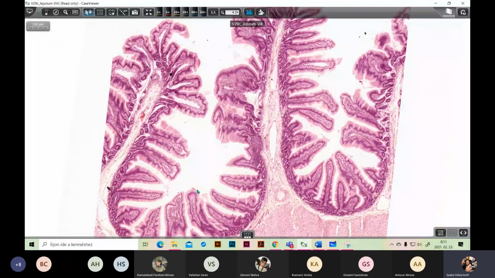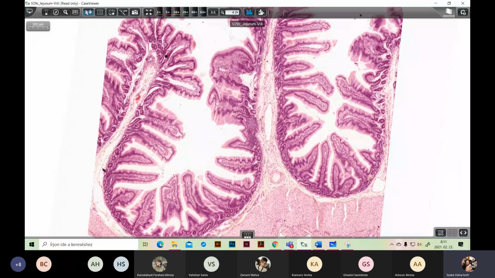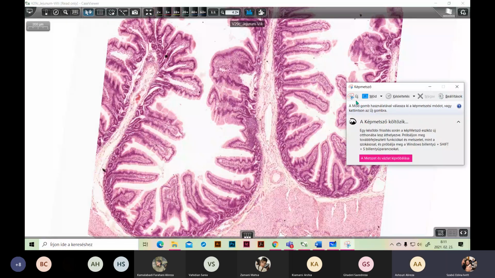We are in the intestine, in small intestine. Do you know how you call these finger-like protrusions of the intestine? This whole structure.